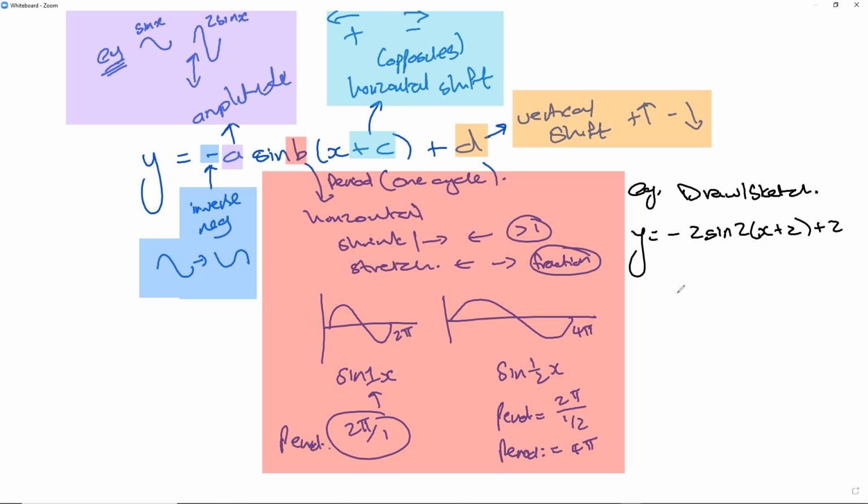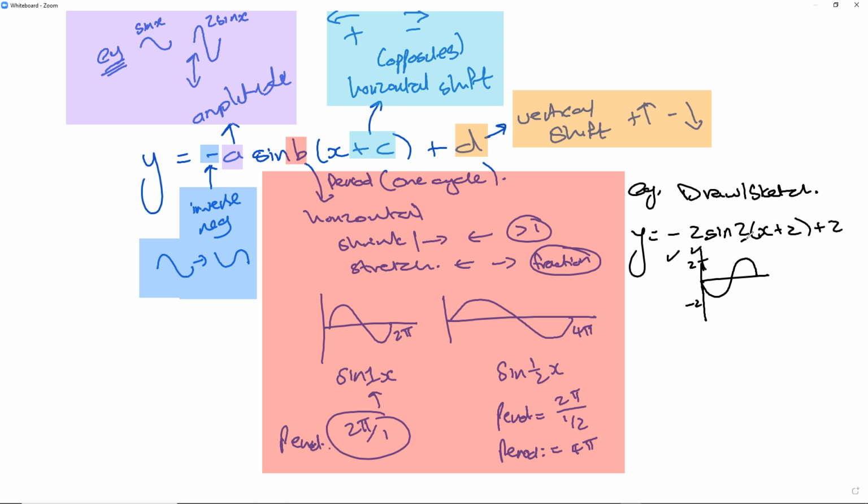If I start from the original graph, sine, we know that this graph is going to end at 2 pi. Firstly, it's going to flip over, okay? So let's flip it over. All right, then we're done with that one. The next thing is, it's going to go as high as 2 and as low as minus 2. Okay, so we're done with that one.